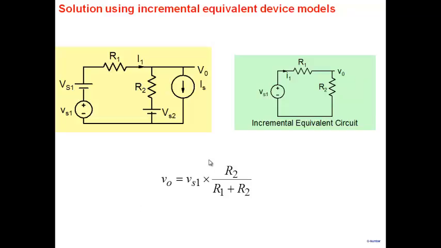So when you want to do incremental circuit analysis, and there are lots of places where you're interested in doing that, what you do is build an incremental equivalent circuit. And from there you'll get all the answers that you're seeking in a simplified manner. Note there's no approximation involved. The answer that you'll get is as accurate as any other method. And there's nothing about how large or how small an increment you can take.